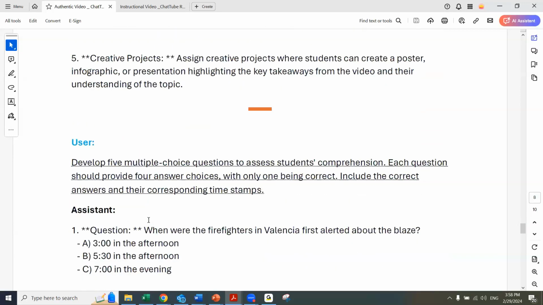And then I tried another very specific exercise, the multiple choice questions. I tried to make this one as specific as possible. I said 5 multiple choice questions, and each question should provide 4 answer choices with only 1 being correct. And also include the correct answers and their corresponding timestamps.